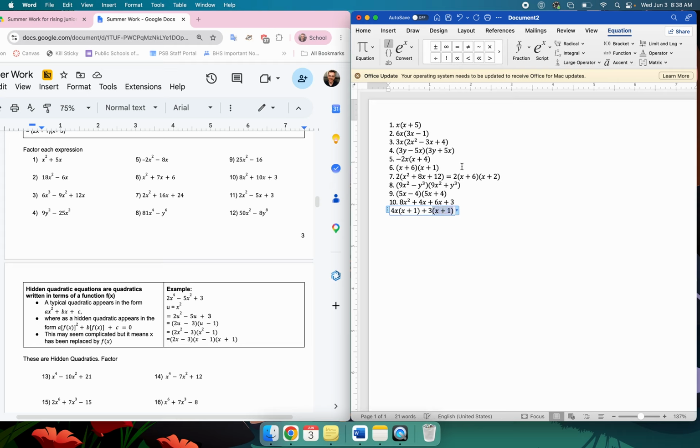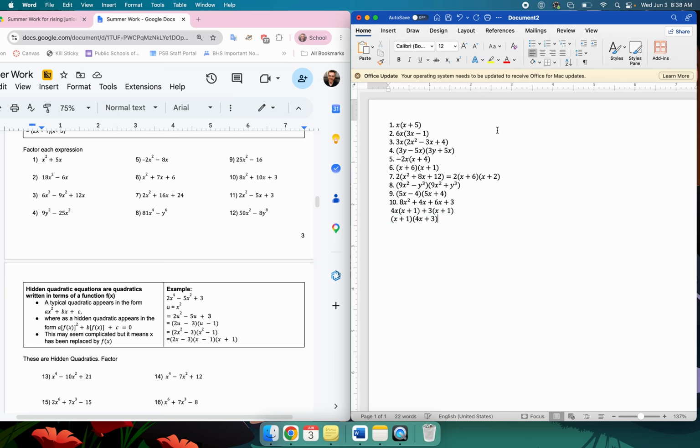Now notice that you have two terms here, both of which contain the common factor x plus 1. So x plus 1 is a factor which can be removed, and that leaves me with 4x plus 3. So this method avoids guessing and checking, which I prefer, although it's not exactly short either. So do whatever you want, but that's my method.